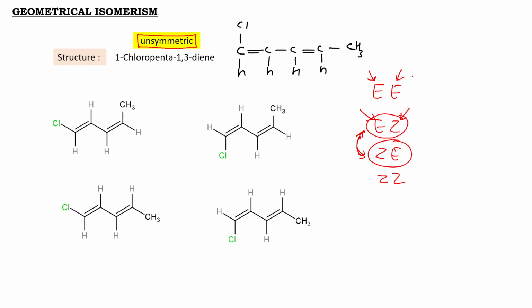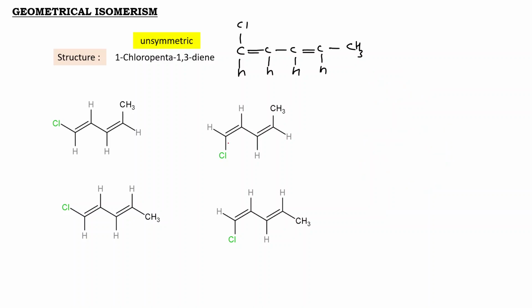One might say that, okay, I have EE which is different from ZZ, that I can understand because the double bonds are in different configurations. But here one double bond is in E and one is in Z, and here one double bond is in Z and the other one is in E configuration, but they are structurally different, and that is why these two are different molecules in this case. But in the symmetric case, you can feel that they might superimpose, but we will prove it.